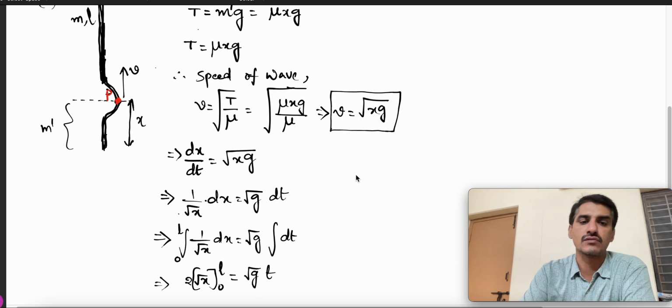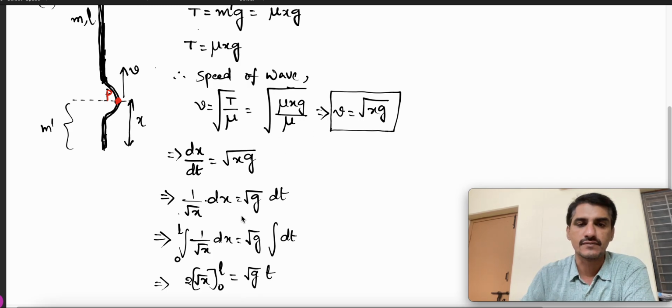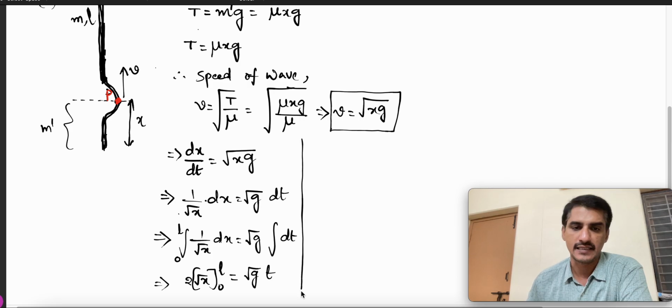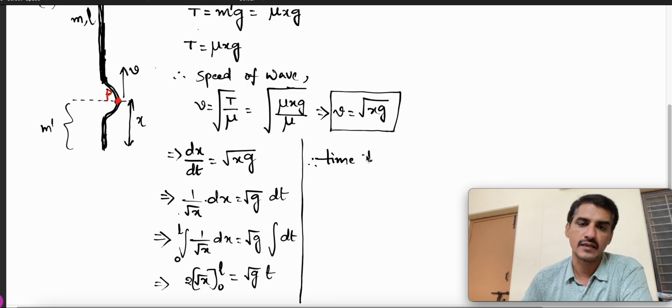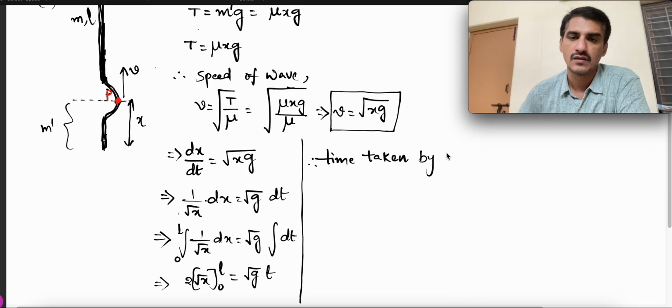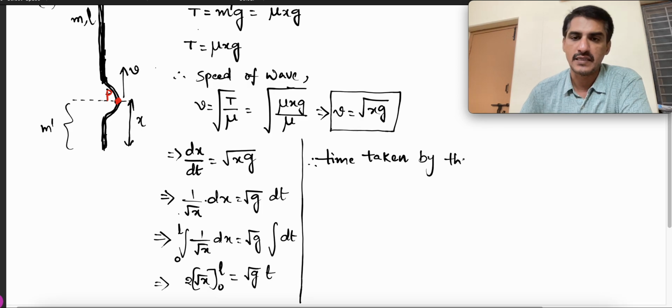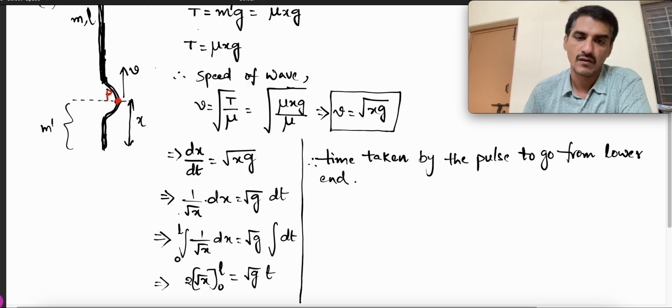Now let us find the time taken by the pulse to go from the lower end to the upper end.